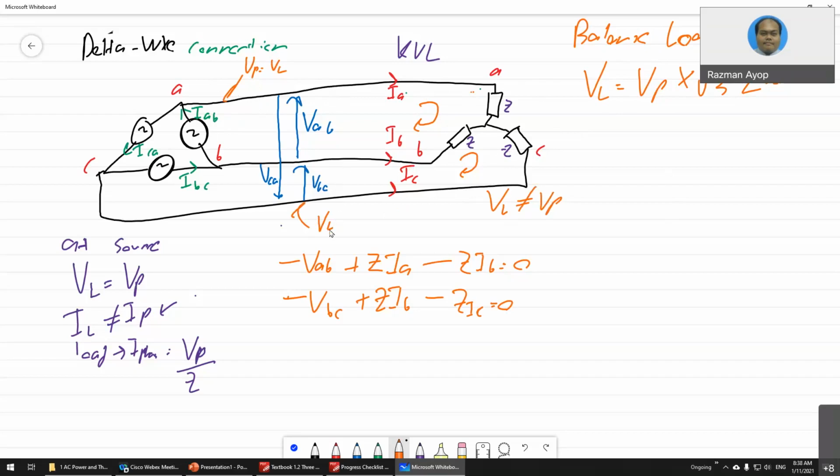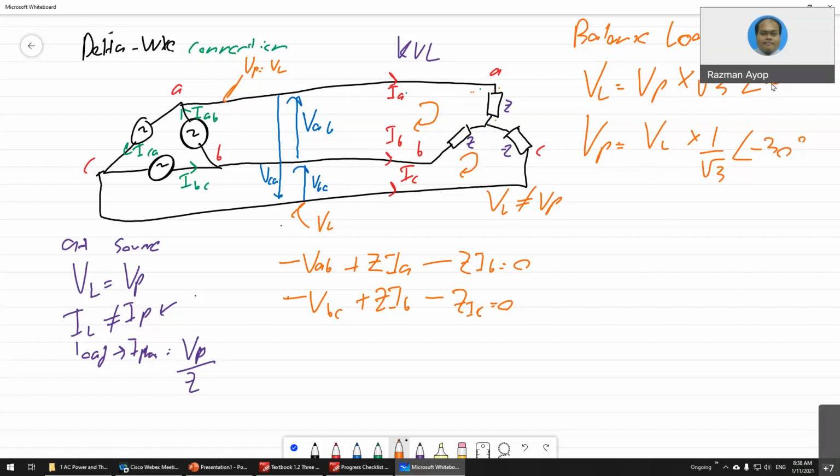So you already have the V line here, but the V phase you don't know. So right now you don't know the V phase here. So just use the formula. V line is divided by square root 3, multiplied by 1 over square root 3 angle negative 30 degree. So make sure you know how to do this.